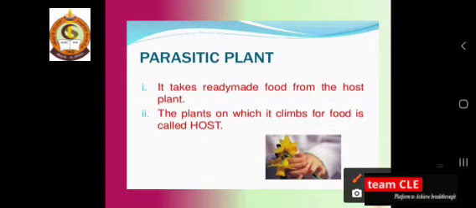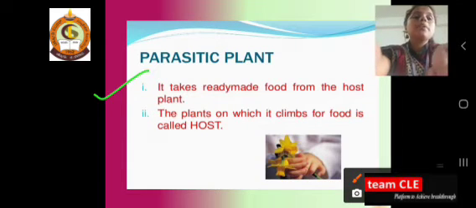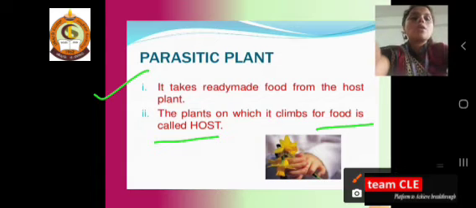They take ready-made food from the host plant. The question arises, what is a host plant? The plant on which it climbs for food is called a host.